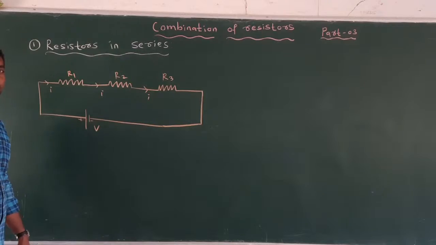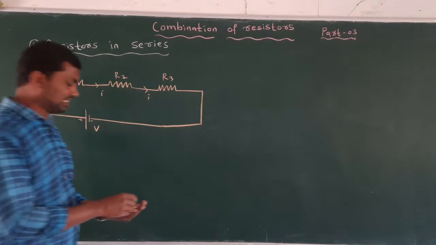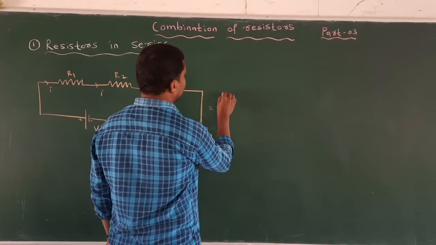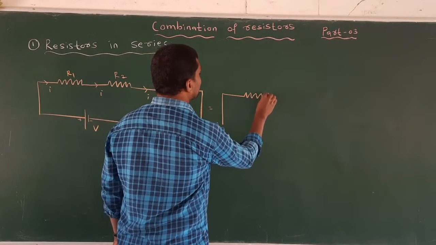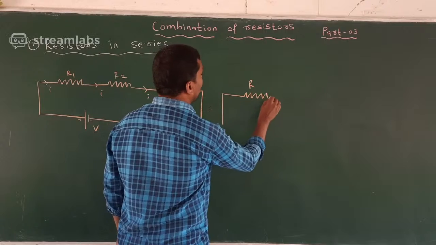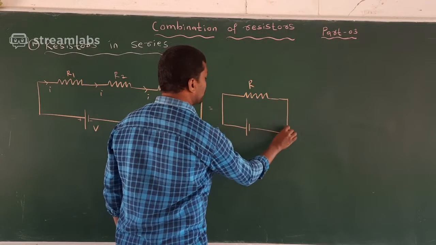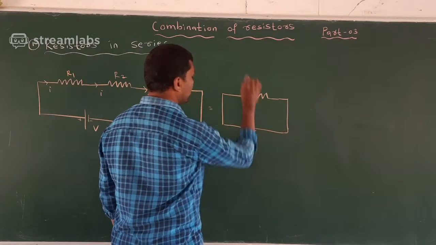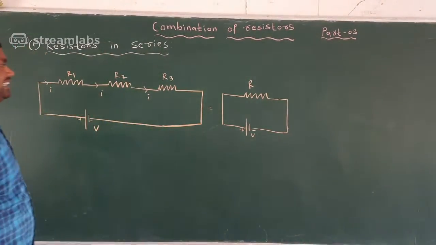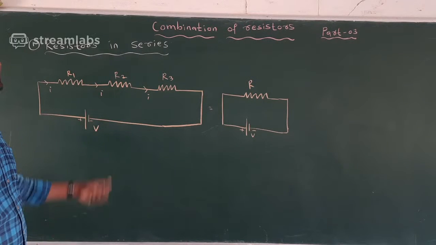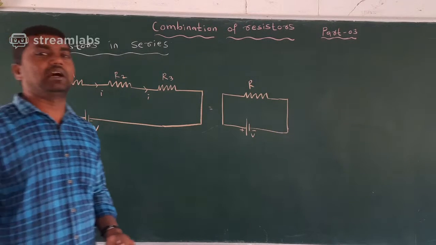So we can determine the equivalent resistance. I can draw the equivalent resistance. It is represented by R, across a voltage source V. So we can determine the equivalent resistance in the case of resistors in series combination.